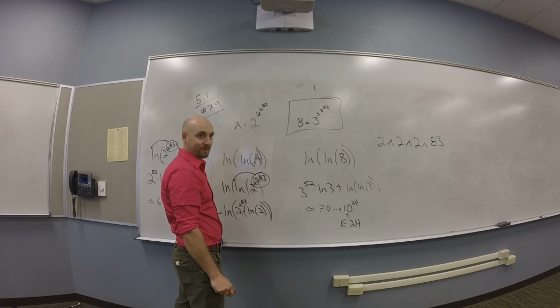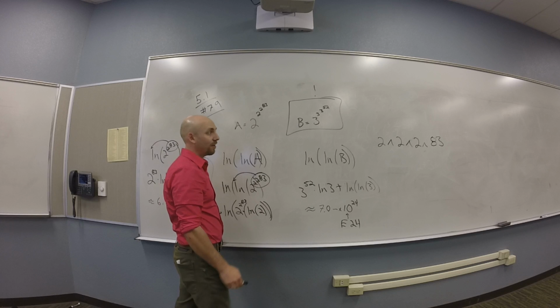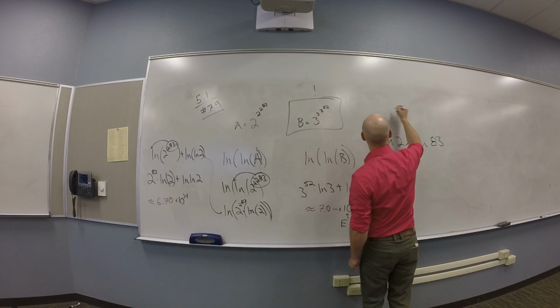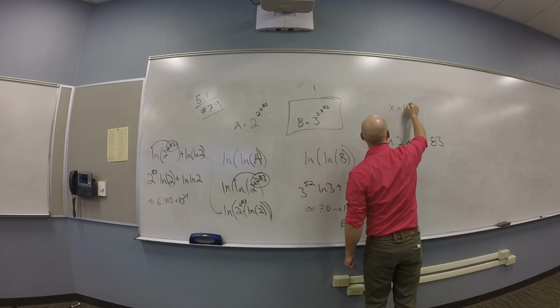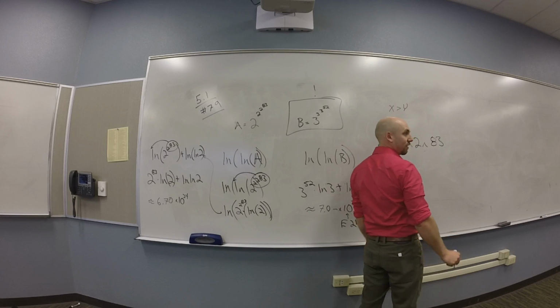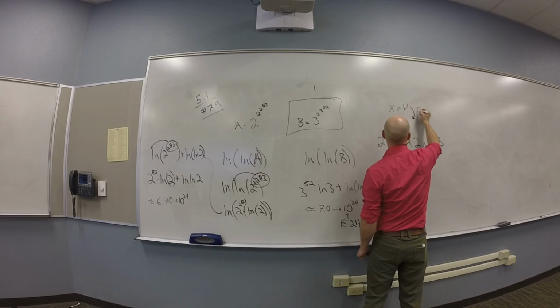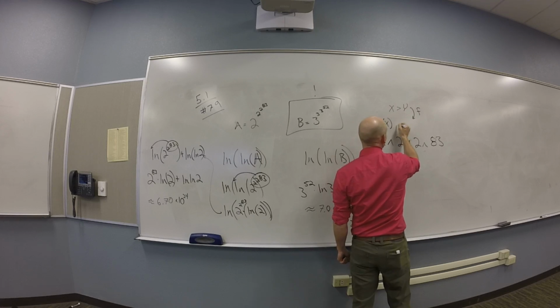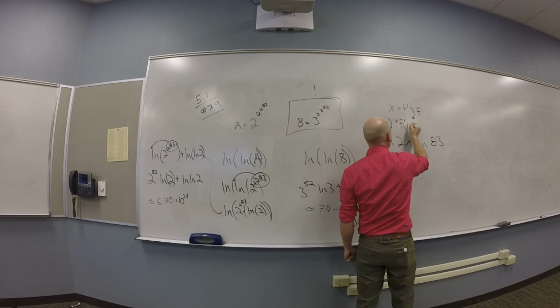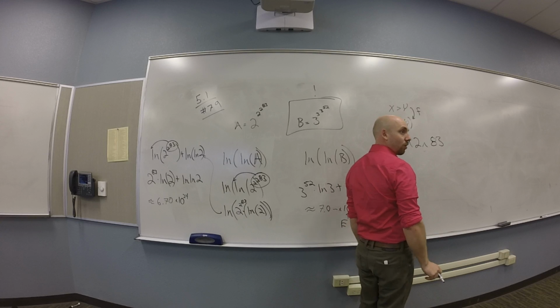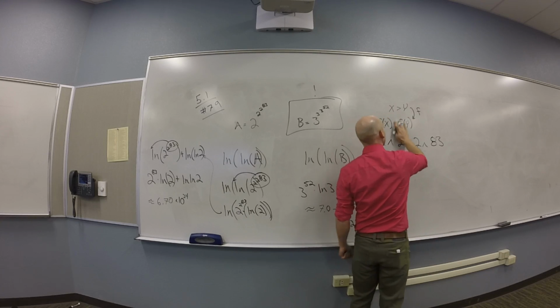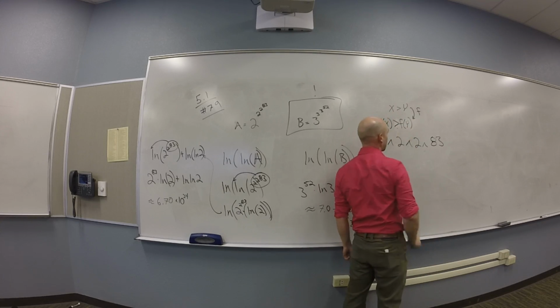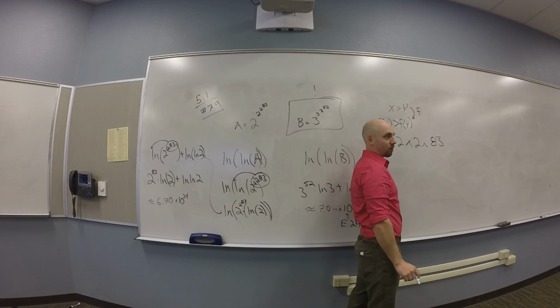If you have x is bigger than y, and you apply a function f to both sides, then f of x is somehow compared to f of y. For which f does the inequality hold?